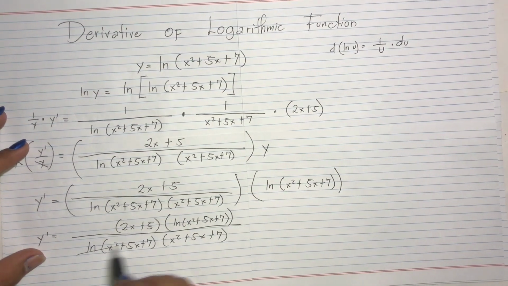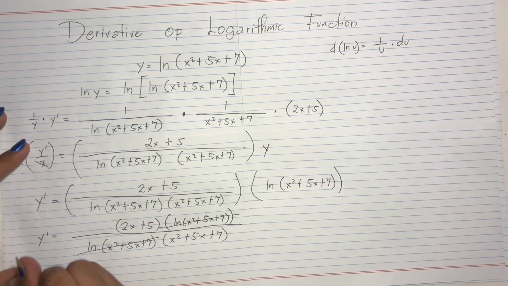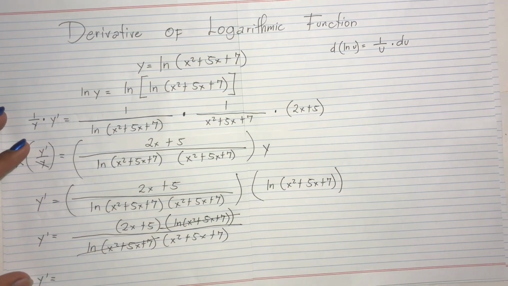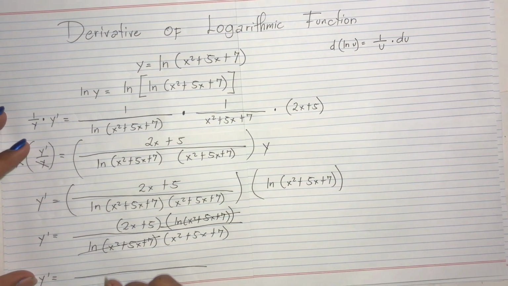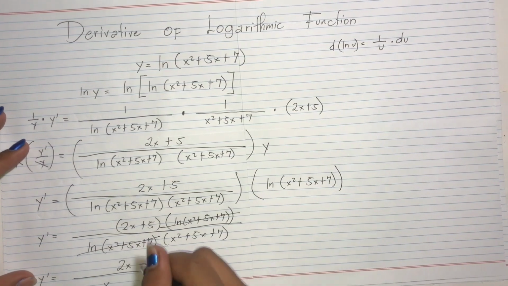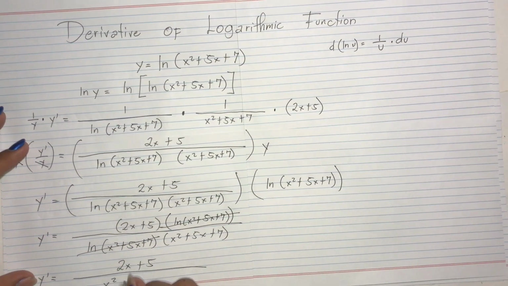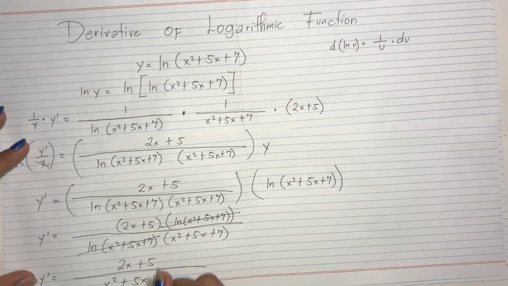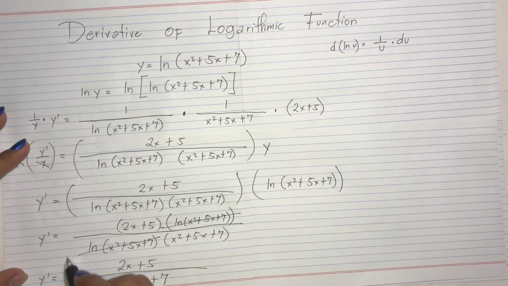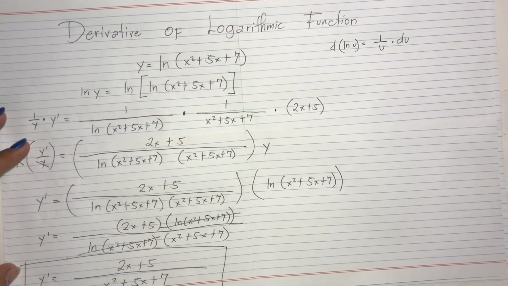Both of them will cancel out. That is y prime now is equal to 2x plus 5 over x squared plus 5x plus 7. And that is our final answer.